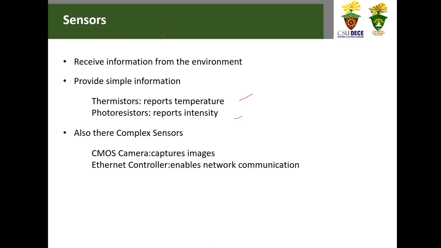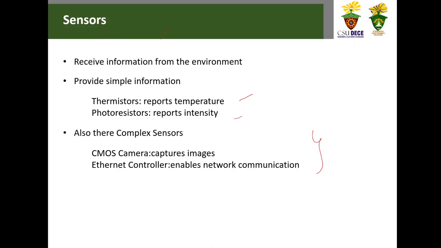And we can have also a light sensor that detects light, or pressure sensor that ginadetect pod ang pressure, humidity sensor that detects humidity. So mas specific ang iyahang detection. Mao na siya ang usual nga mga simple sensor.